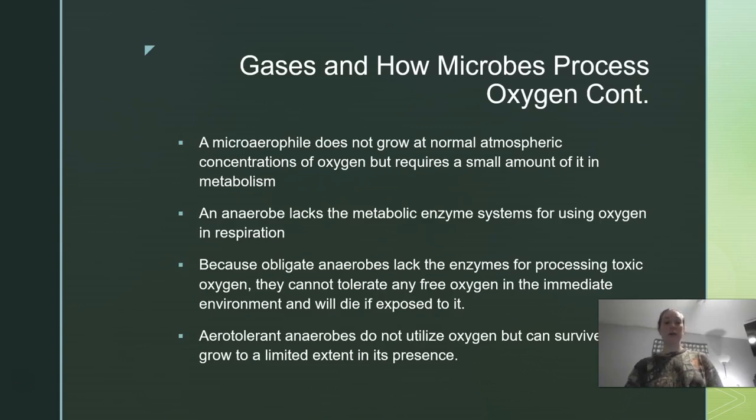An anaerobe, and we know that prefix, lacks the metabolic enzyme systems for using oxygen in respiration. Because obligate anaerobes lack the enzymes for processing toxic oxygen, they cannot tolerate any free oxygen in the immediate environment and will die if exposed to it. Aerotolerant anaerobes do not utilize oxygen but can survive and grow to a limited extent in its presence.